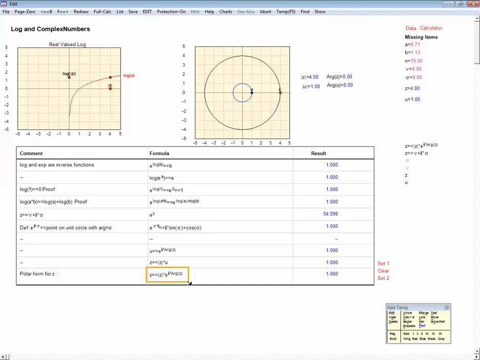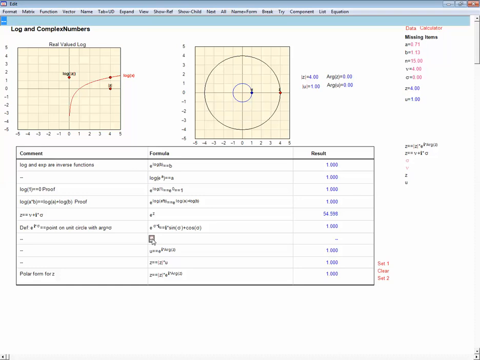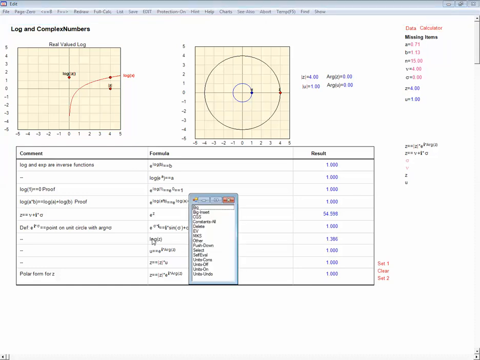Now that tells us how to get the log of a complex number. So how do we do that? How do we compute the log of z when it's complex?